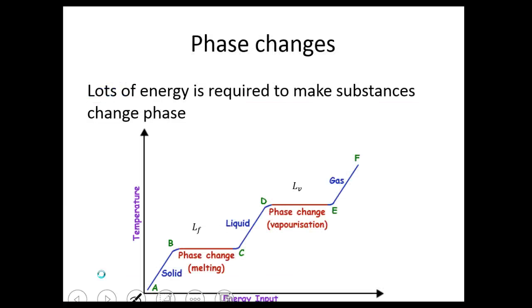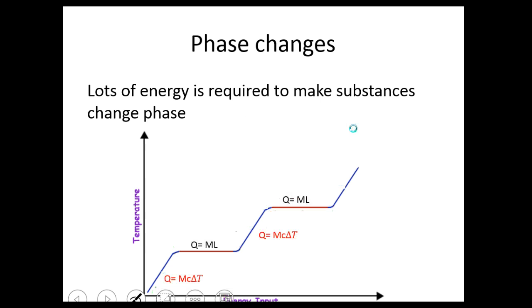All right, so to associate this with a graph, moving from a solid to a liquid, we have to use the heat of fusion, and moving from a liquid to a gas, we have to use the heat of vaporization. And again, that heat is going to be equal to the mass of whatever we're trying to phase change, and then L sub F or V, depending on what kind of states we're trying to move it to.